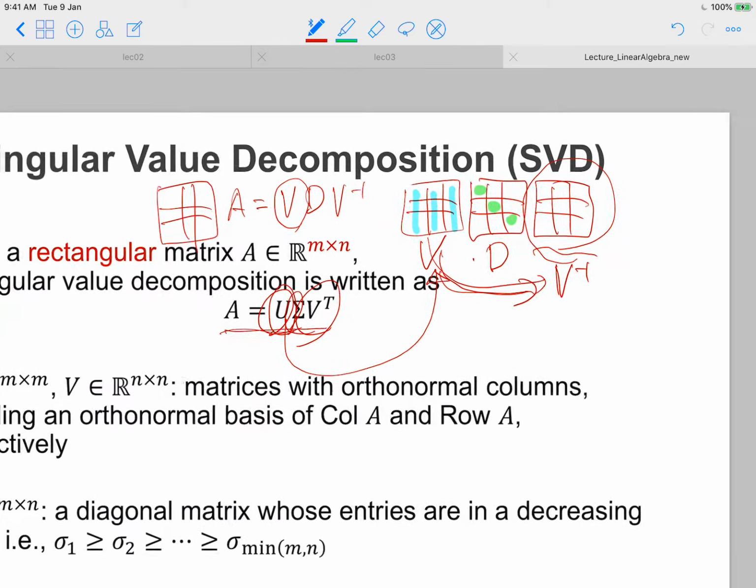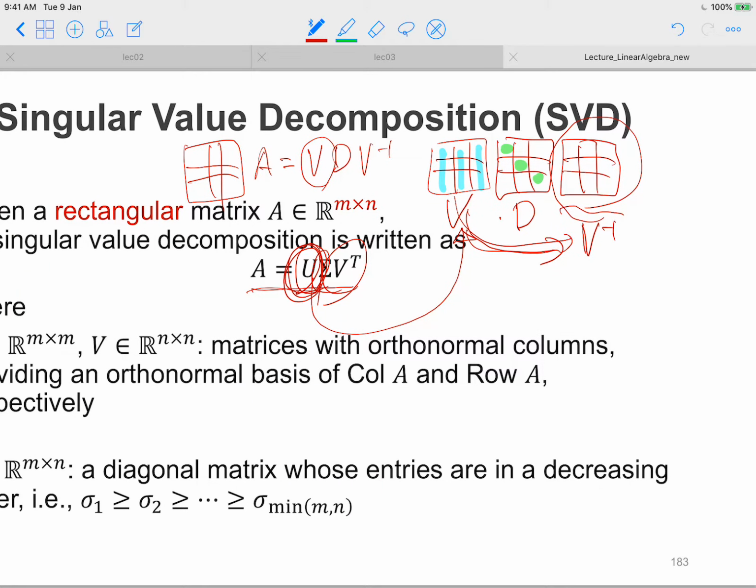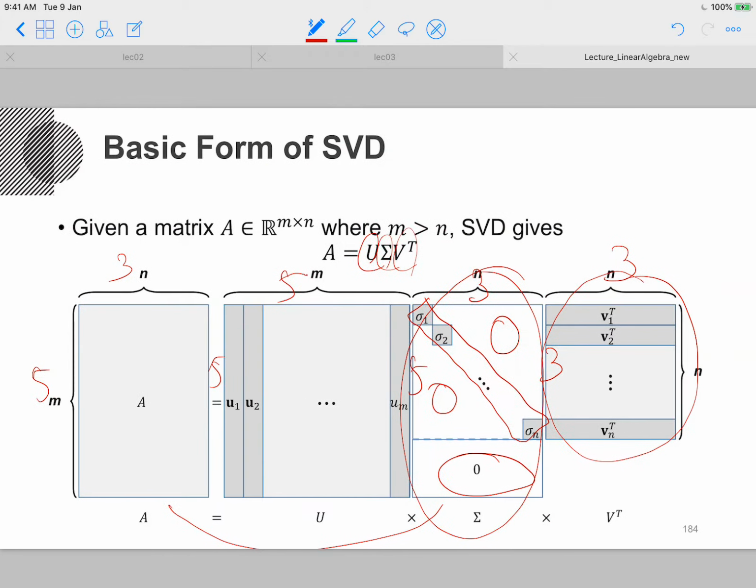But in the case of singular value decomposition, the columns of U, so for example here we have these 5 different columns, should not only be linearly independent, but also orthogonal to each other, or in short, this square 5 by 5 matrix should be an orthonormal matrix.